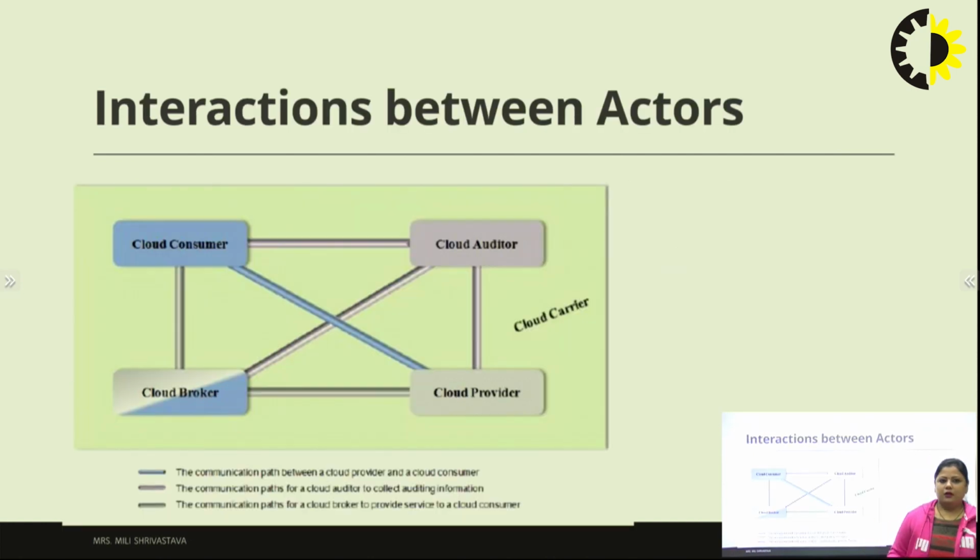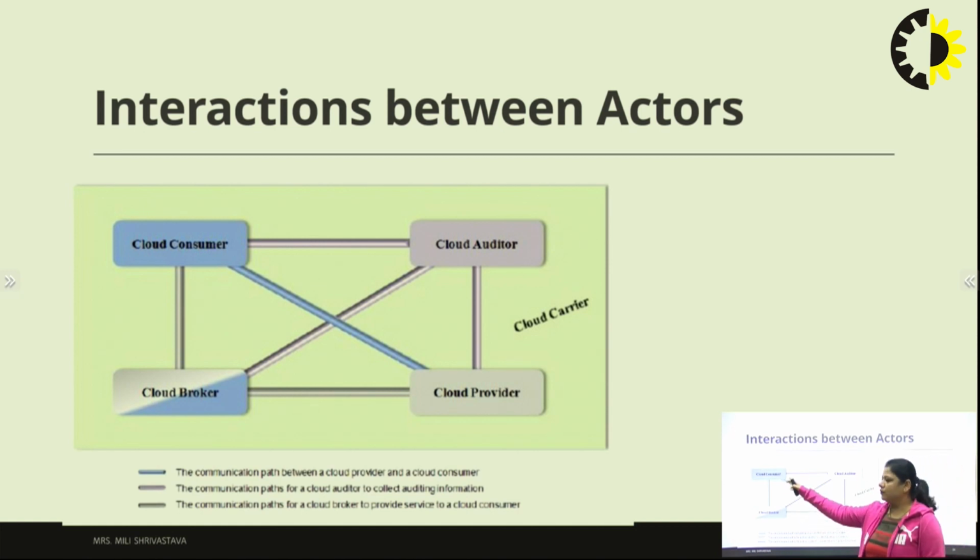Next, what kind of interaction is there between actors? So what are the actors? This is cloud consumer, this is cloud auditor, cloud broker, and cloud provider, and this is cloud carrier. What is cloud carrier? Cloud carrier works as a transmit or transport between cloud auditor and cloud provider.